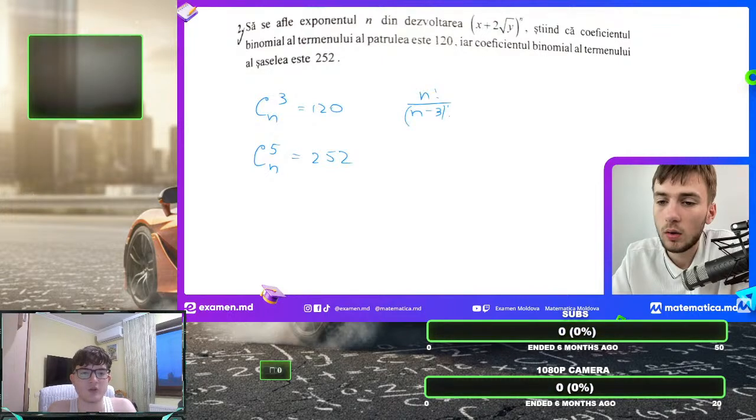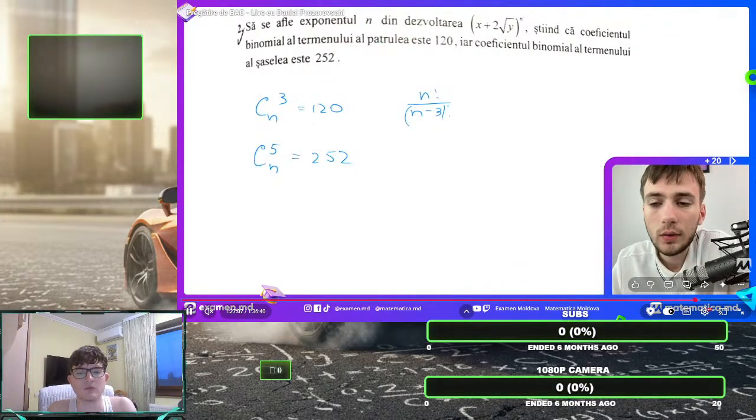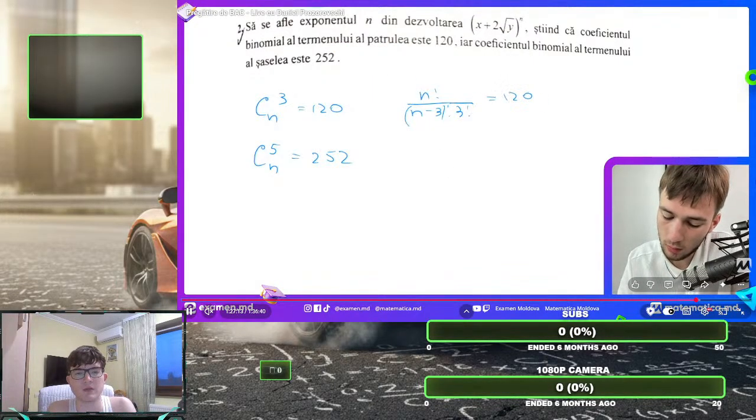But shouldn't we also have like the 3? Like based on the formula, we should also have 3 exclamation mark below, right? Yes, we do. So basically we're gonna solve this. We're gonna have 2 n's or what?